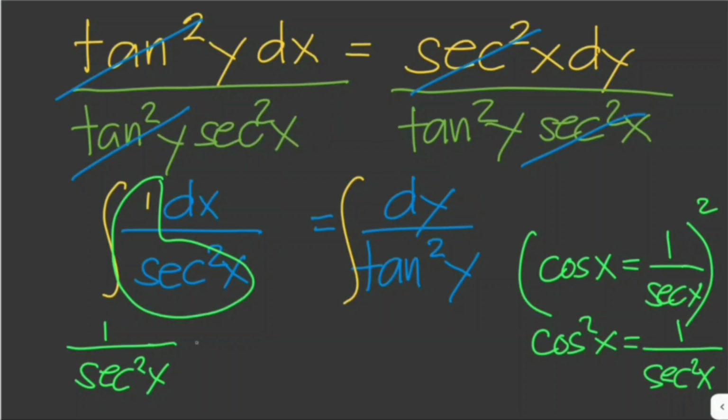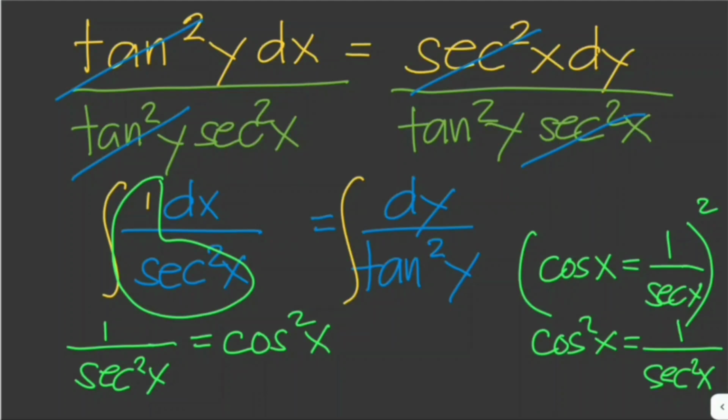Therefore 1 over secant squared x is just equivalent to cosine squared x. Now let's check if cosine squared x is integrable. Cosine squared x isn't integrable, so we need to write this again using the trigonometric identities to make this integrable.